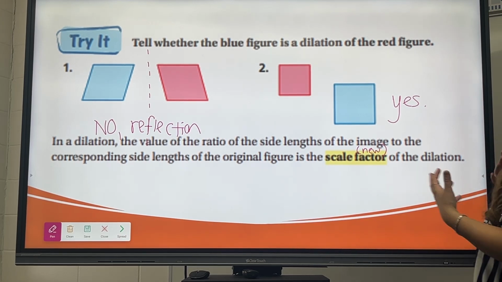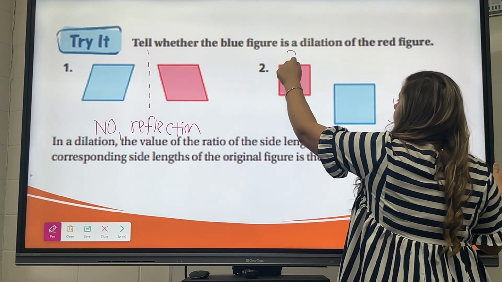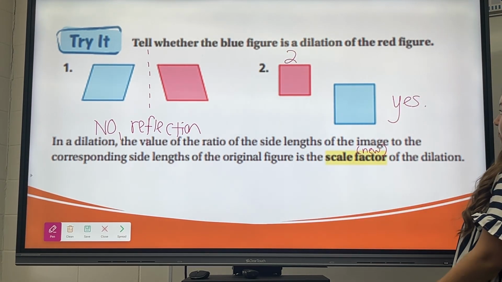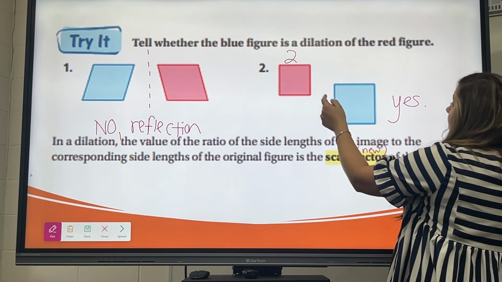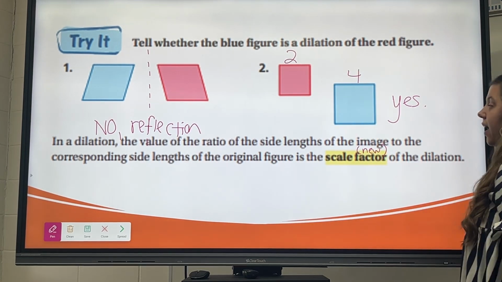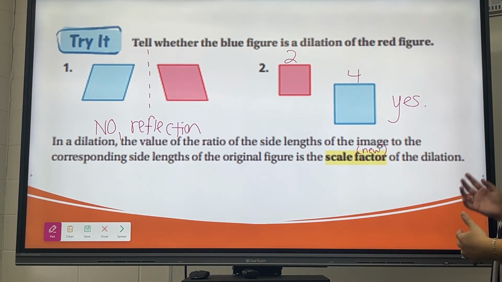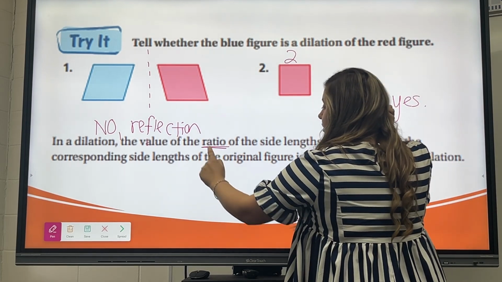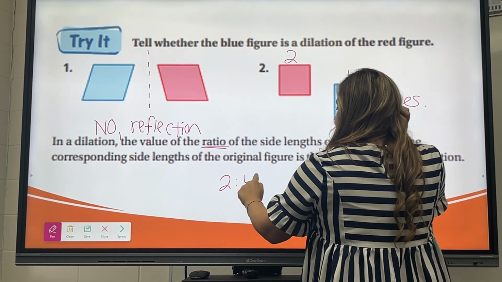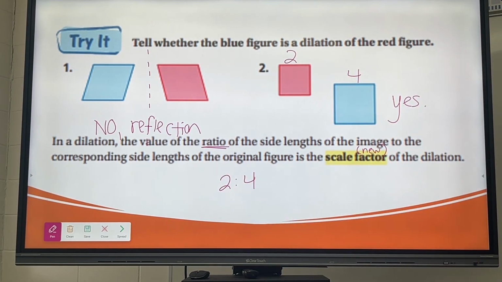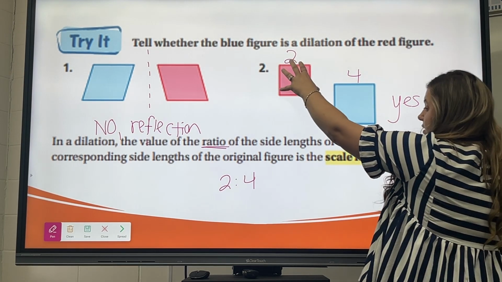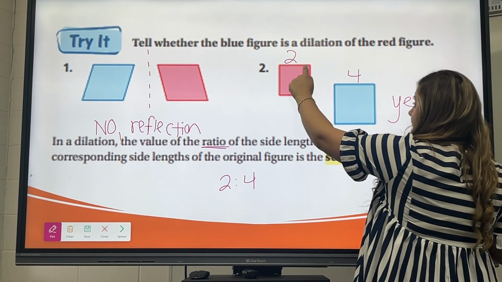So let's say, for example, that this side length is 2, and this side length is, let's just go with 4. The ratio of those side lengths is 2 to 4. The original one is the red.